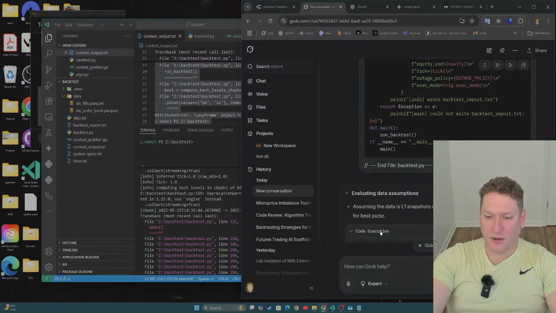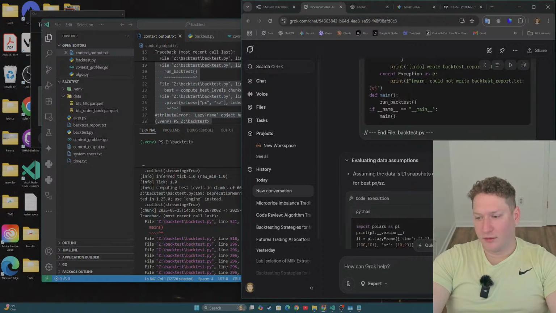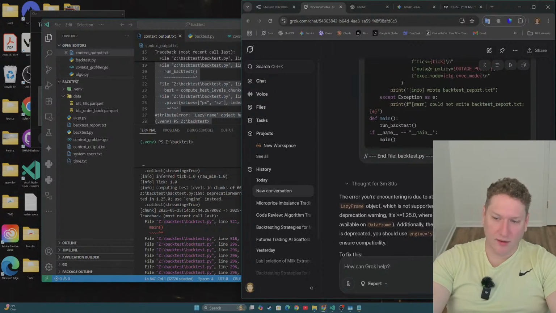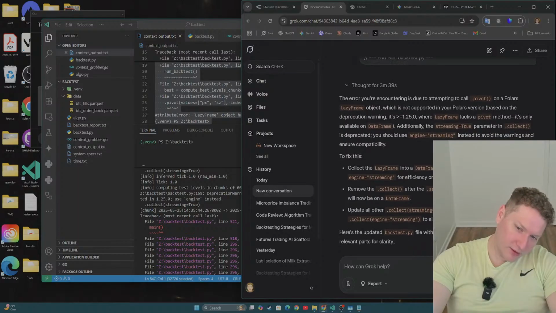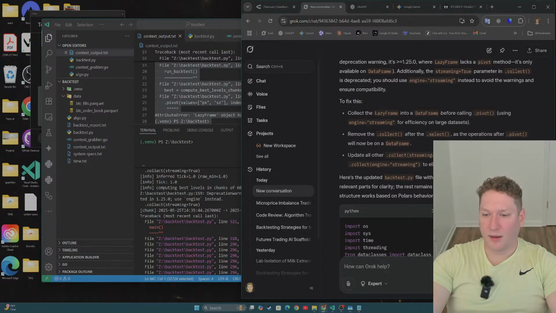Grok is going deep on this. It's executing some code here, which is perfect. It's running a quick little... okay, the error you're encountering is due to attempting to call pivot on Polars. Okay, to fix this, all right. Here's the updated backtest with these fixes applied. I've only modified the relevant parts for clarity. The rest remains unchanged.